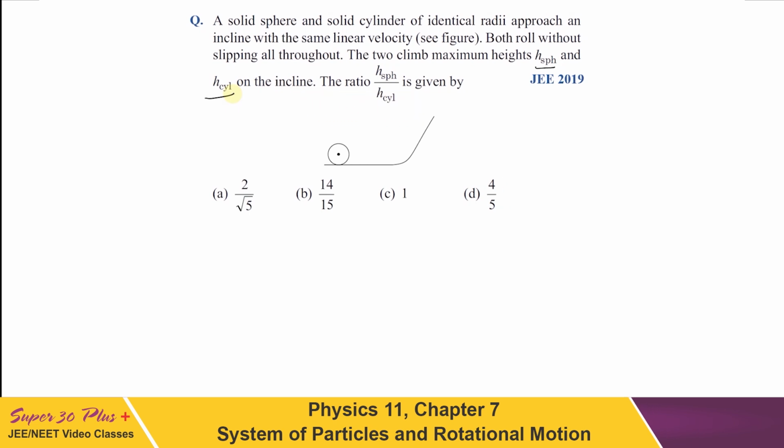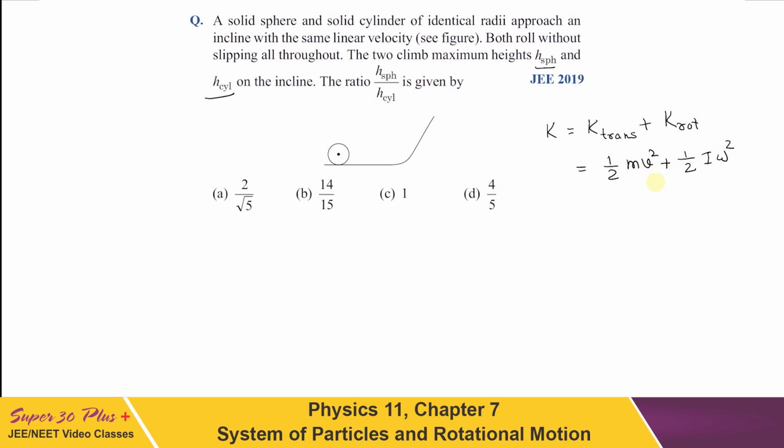Okay, let us start with the kinetic energy, because kinetic energy can be written as kinetic energy due to translation plus kinetic energy due to rotation. So, mathematically it will be equal to half mv square plus half I omega square. Here the term is rolling, so both translation and rotation are involved.